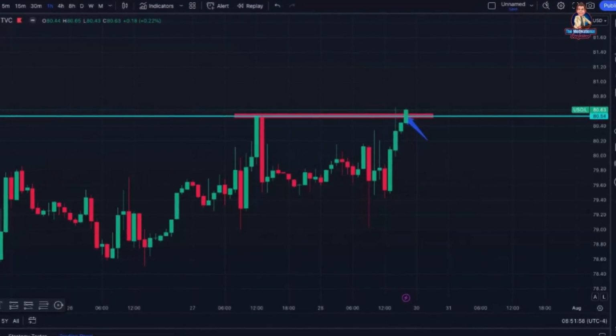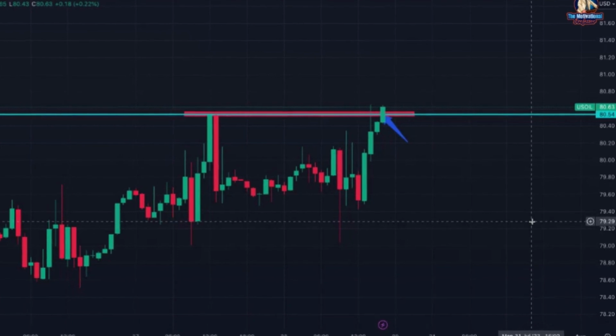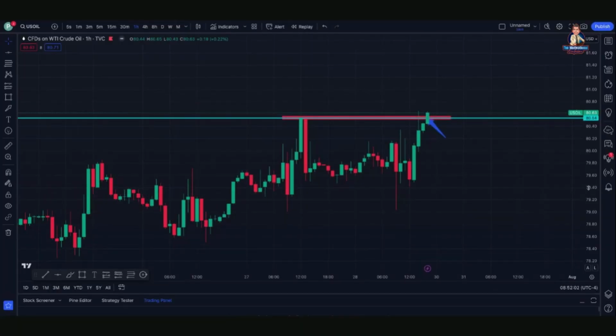Okay, so here is the difference. The chart I just showed you on the line chart was a 5-minute line chart. Now looking at the candle chart at the 1-hour time frame, you can see how price closed above this 80.54 area.